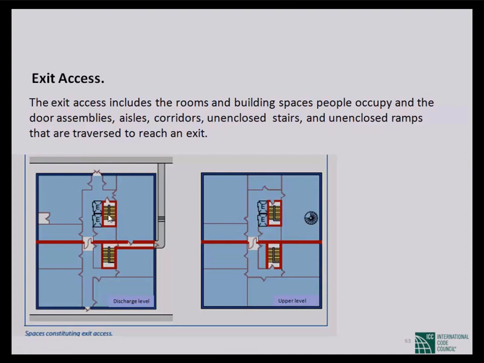From the discharge level, you go out to the discharge point. So exit access means from any location, all together shown in blue, you come down to the discharge level and can go out because you have some exit access.